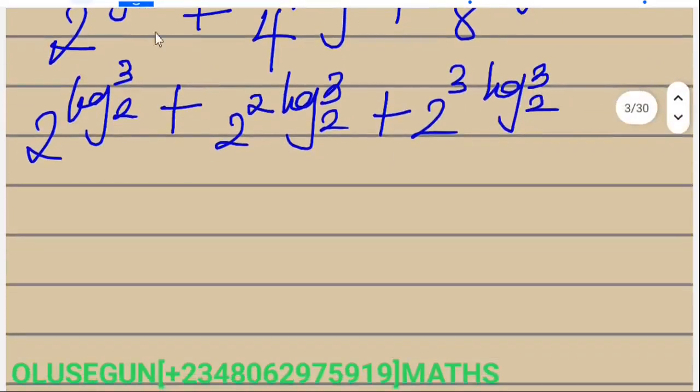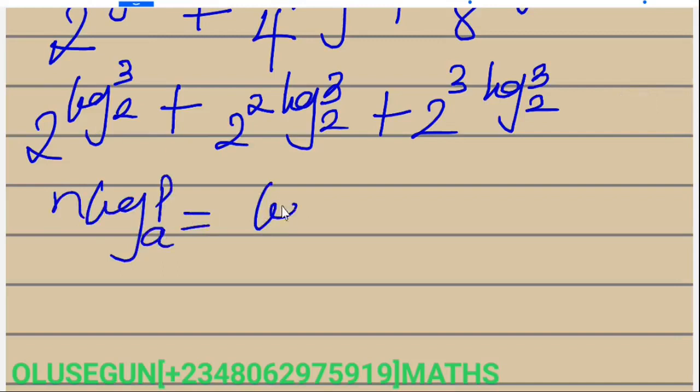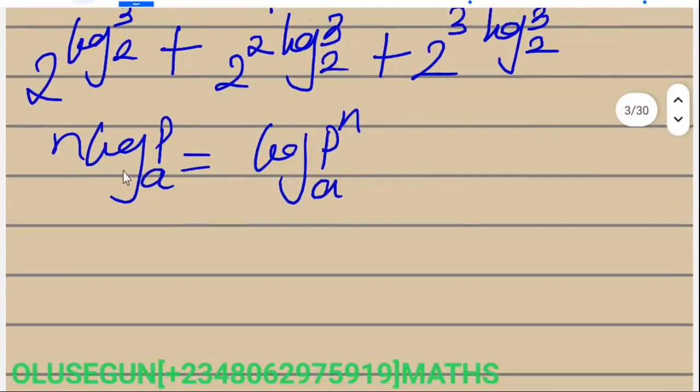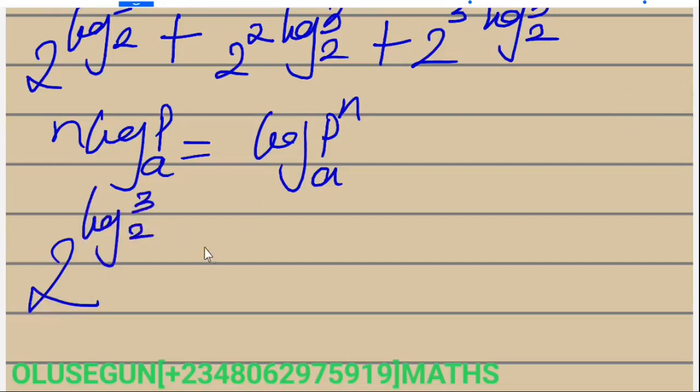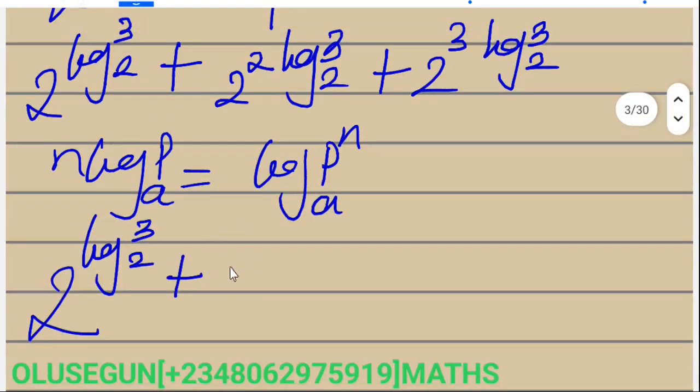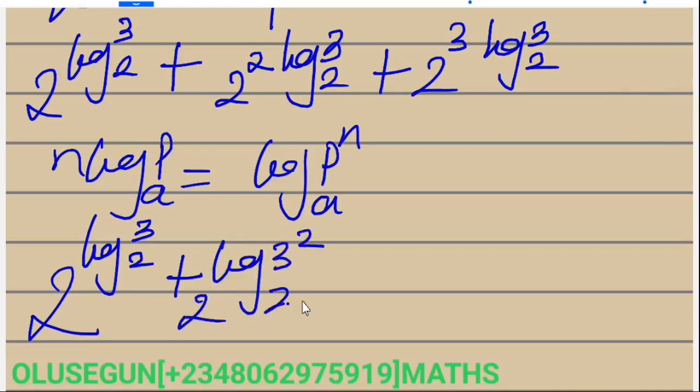So we apply another law of logarithms that says that n log p base a gives you log p raised to the power n base a. So since we obey this law, it means 2 raised to the power log 3 base 2 plus, recall that these two will give you 2 raised to the power log 3 squared base 2, plus 2 raised to the power log 3 raised to the power 3 base 2.